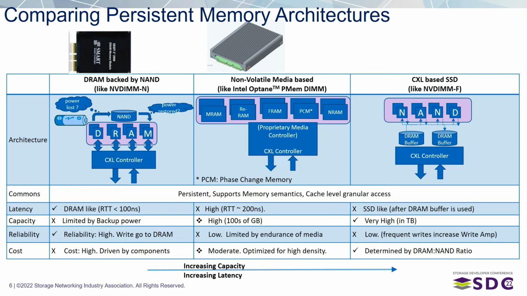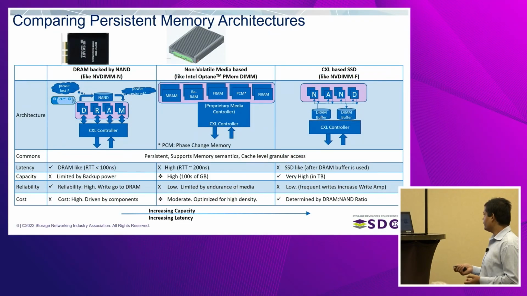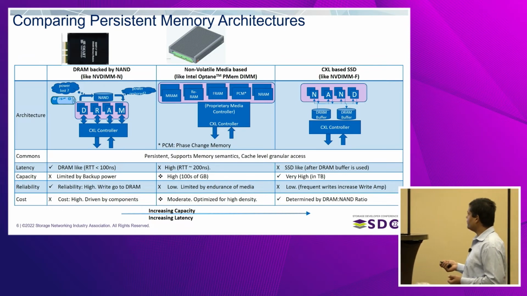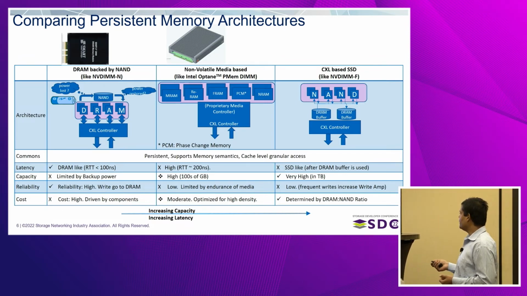And the same thing determines the cost. The cost is driven by the BOM components. NVDIMMs will have a higher cost, the Optane-based implementations in the center will have moderate cost, and the CXL-based SSDs will have a lower cost. Again, it depends on the DRAM ratio which you can pack in.